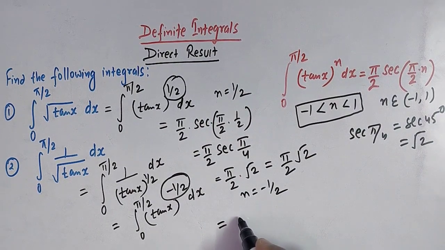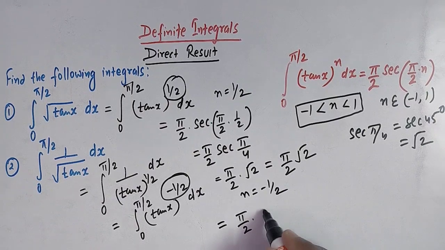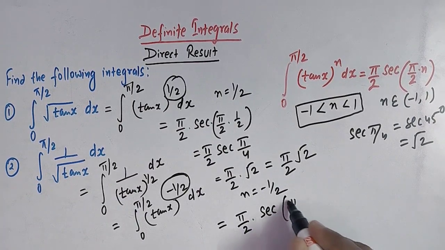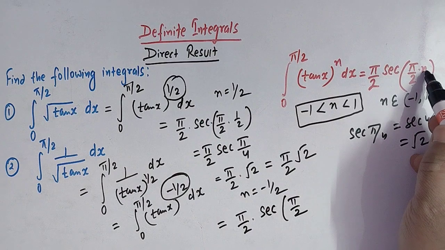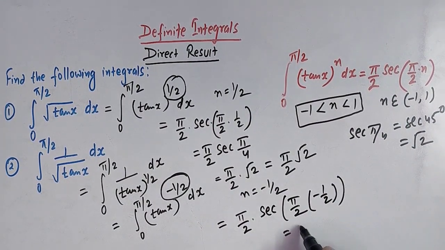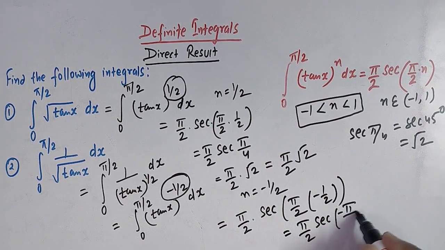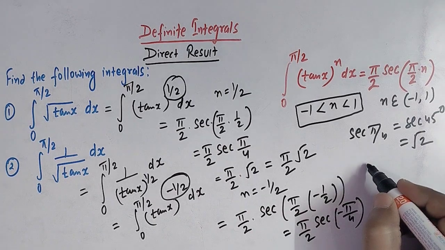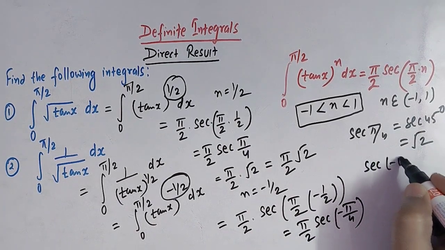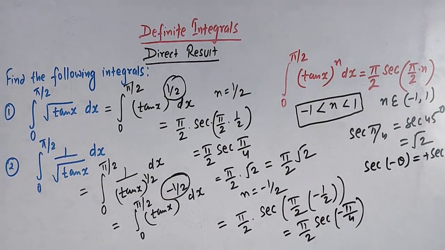So here we have the value of this integral as pi by 2 times secant of pi by 2 times n, where n is minus half. So now we can write it as pi by 2 secant of minus pi by 4. And from trigonometry we know that secant of minus theta is equal to positive secant of theta.